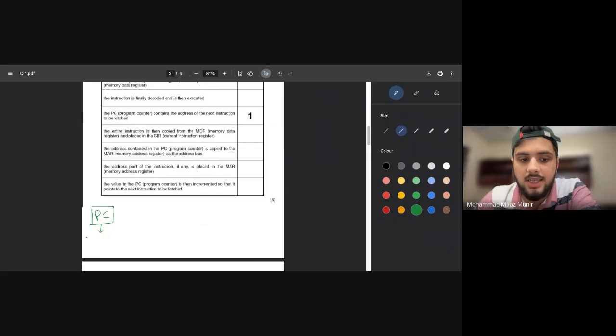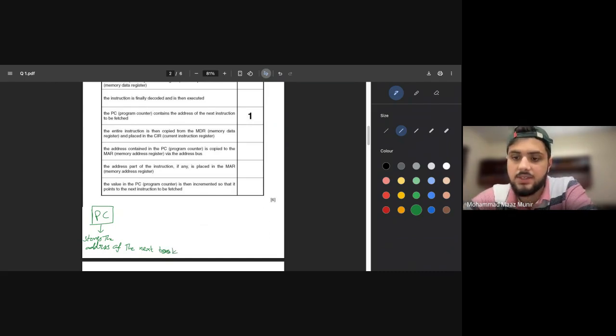The program counter stores the address of the next instruction or task. So if I tell Hafiz, okay Hafiz, I want you to do one thing. When I enter the class and complete a question, you have to tell me which question I should do next.